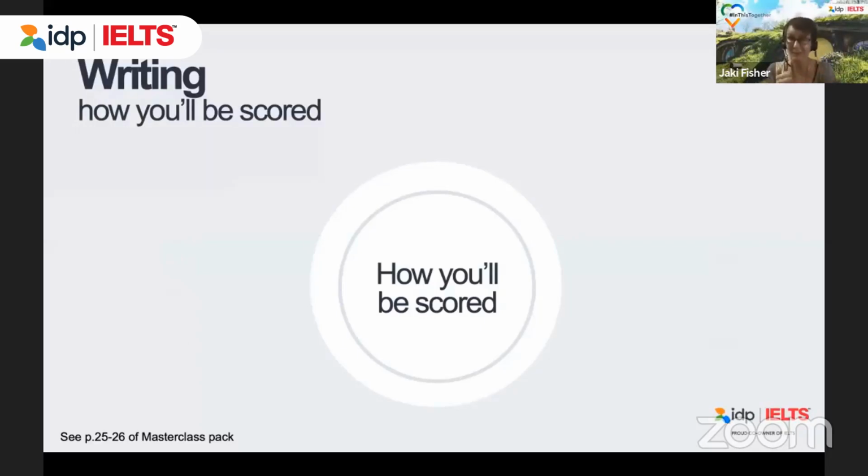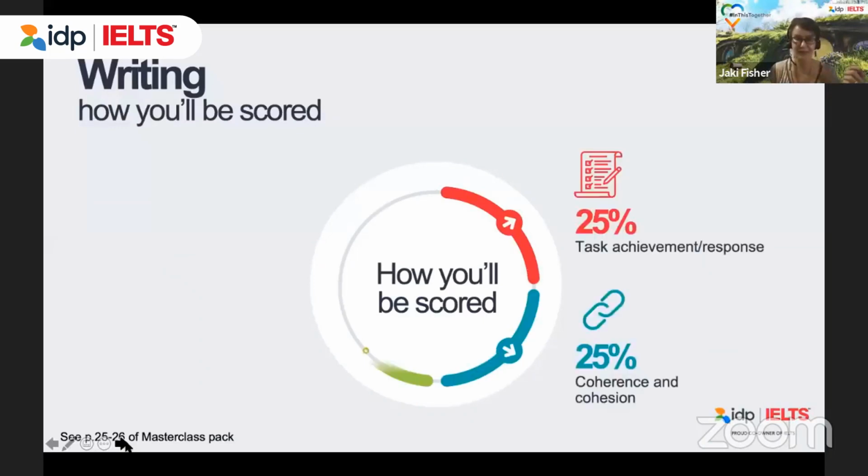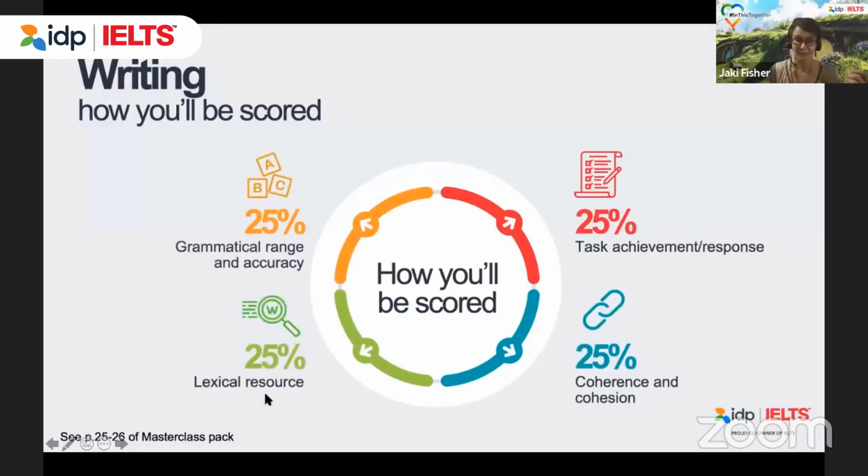Grammar, yes, the grammar is the same. And one more. The vocab, yes, the vocabulary is the same. So these are the 4 things. Each of the 4 are worth an equal amount. So let's go through them quickly.